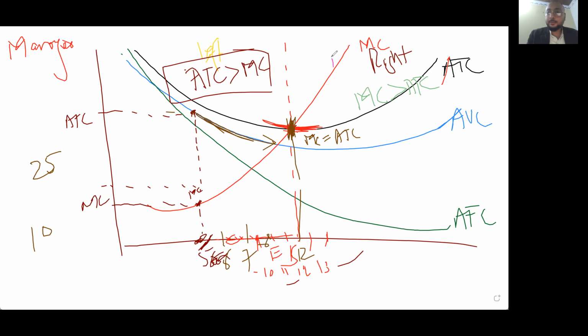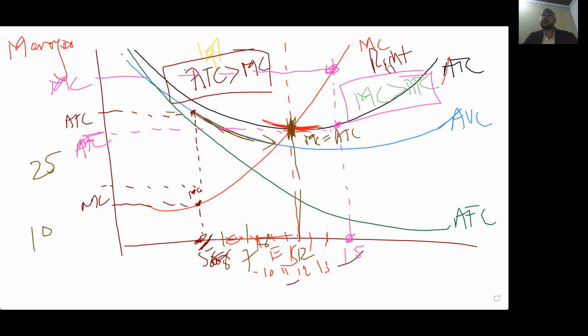If you are here, this quantity you are producing, for example 15,000, your ATC is here, and your MC is here, where MC is greater than ATC.